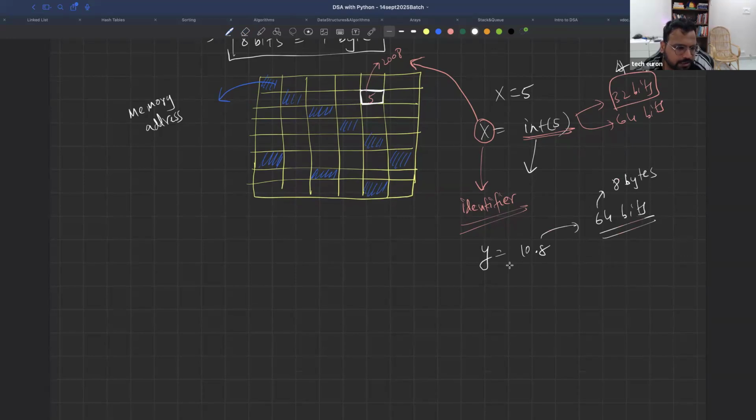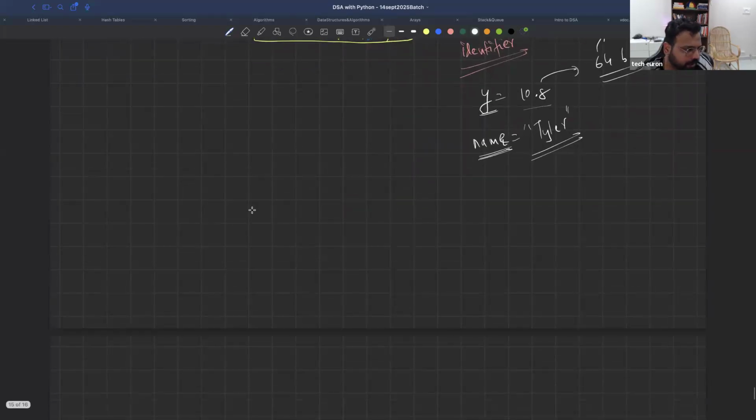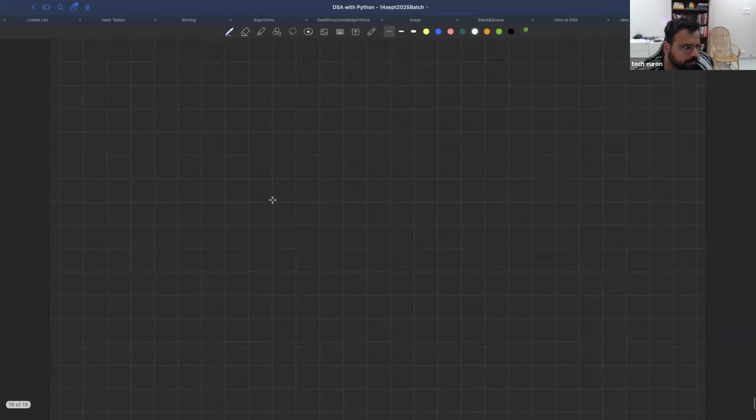Okay, so this 10.8 or 5, or when you are saying name is equal to Tyler, this Tyler is also stored in the memory, and this name is actually pointing to the memory location where that thing is stored.